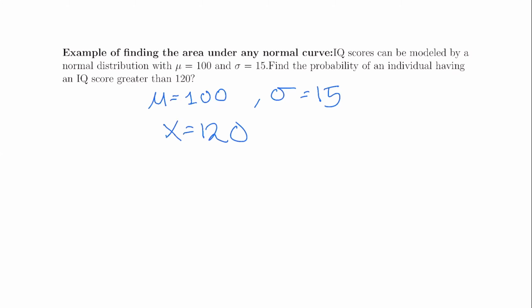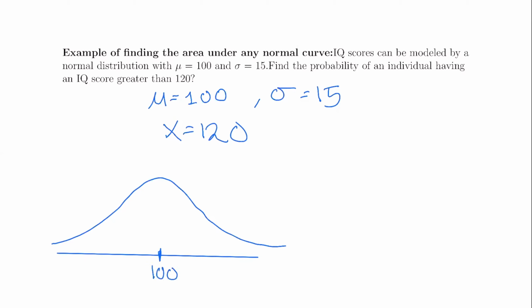So first thing you want to do is make a drawing. We're going to put the mean in the middle, which is 100. Now we're going to put 120. 120 should be to the right of 100 because 120 is bigger than 100.